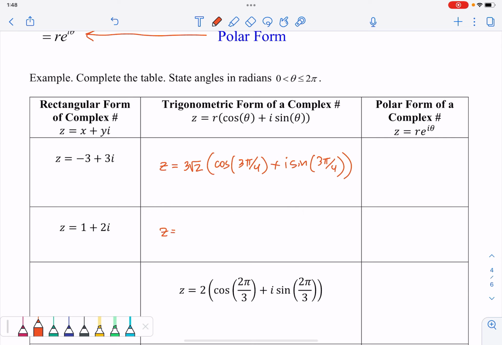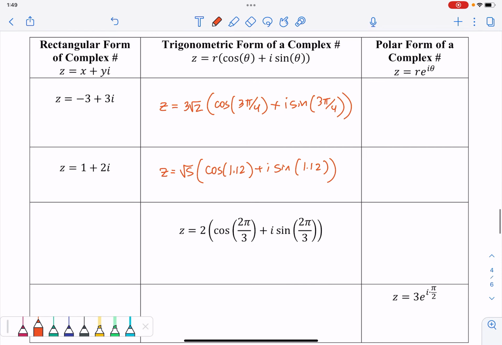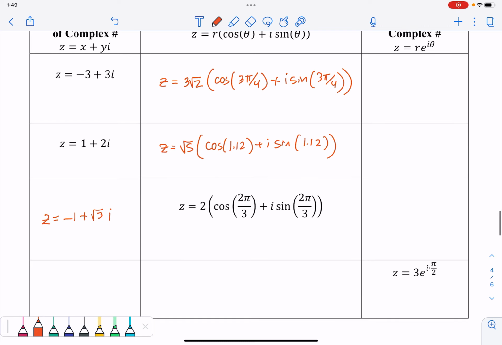So z is root 5 times the quantity cosine of 1.12 plus i sine of 1.12. And then going back this other way, I think we had z equals -1 plus root 3 i, because cosine of 2 pi over 3 is -1/2. Yeah, that looks good. Okay, and then I did add this fourth row here to check that out.